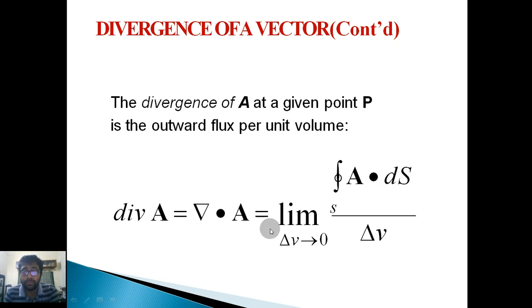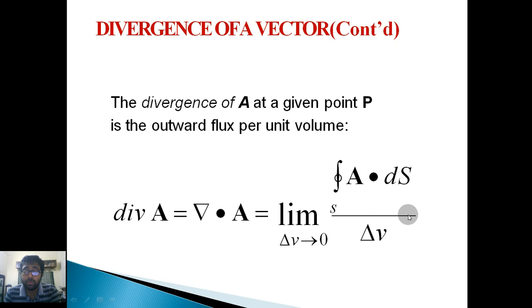Now if we divide that by del V, which is nothing but the total volume of that surface. As we have taken a closed surface integral, it represents the net outward flux of vector A from that specific volume.